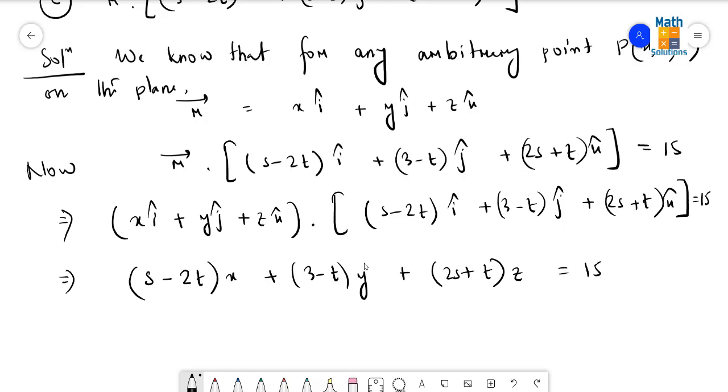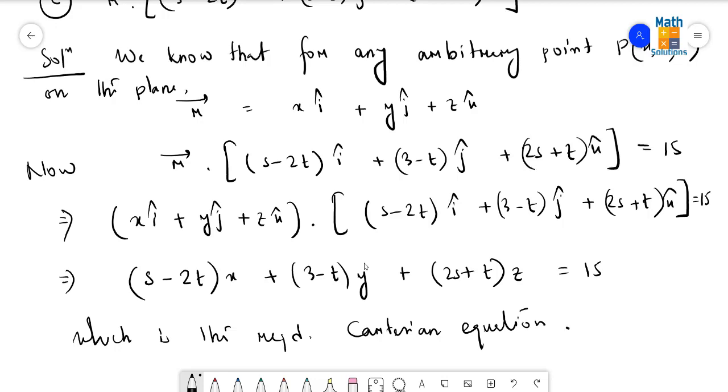So this is the required Cartesian equation. This is the answer for this part.